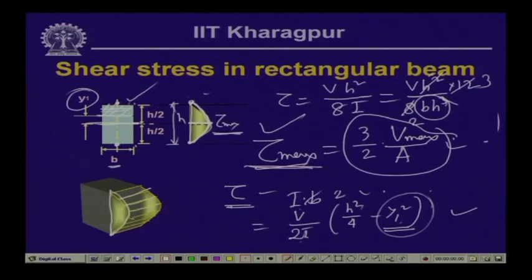That means at this particular point this is the value of the shearing stress, and along the width this value is constant. So, as we had assumed in the beginning, there are two aspects: one is that the shear stress acts along the direction of the shearing force, and the other is that the shearing stress at a particular point is uniformly distributed across the width.